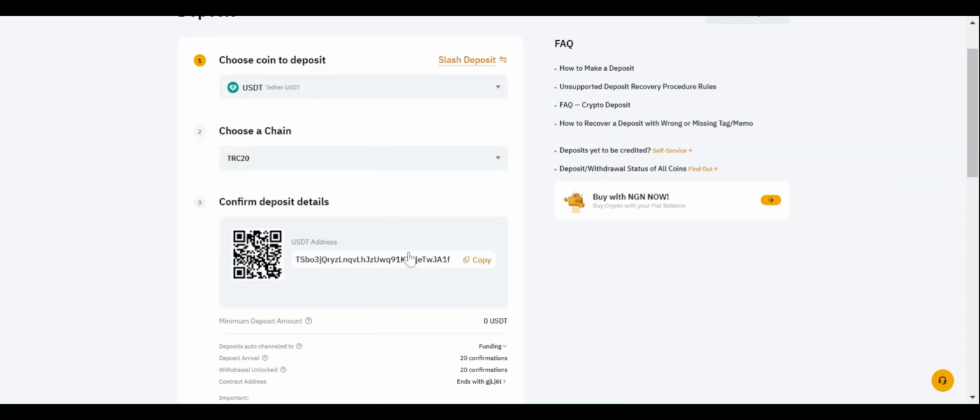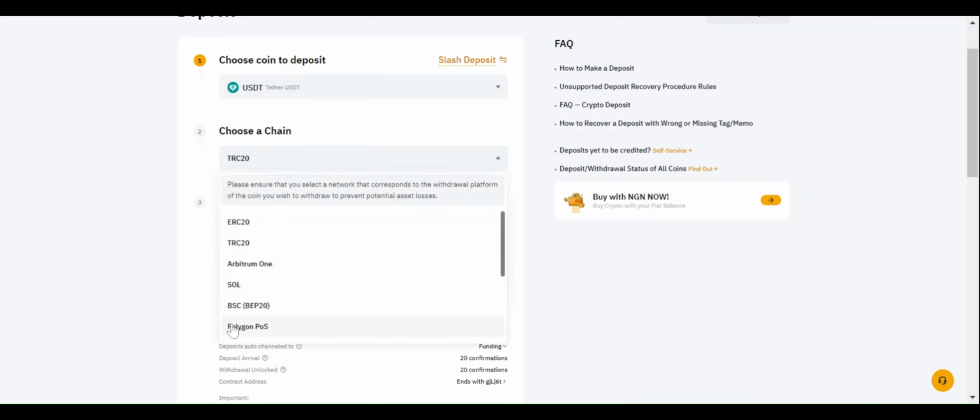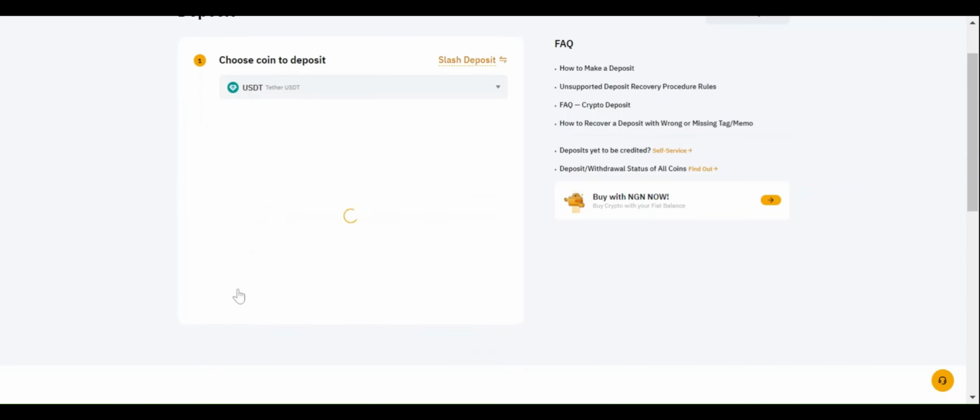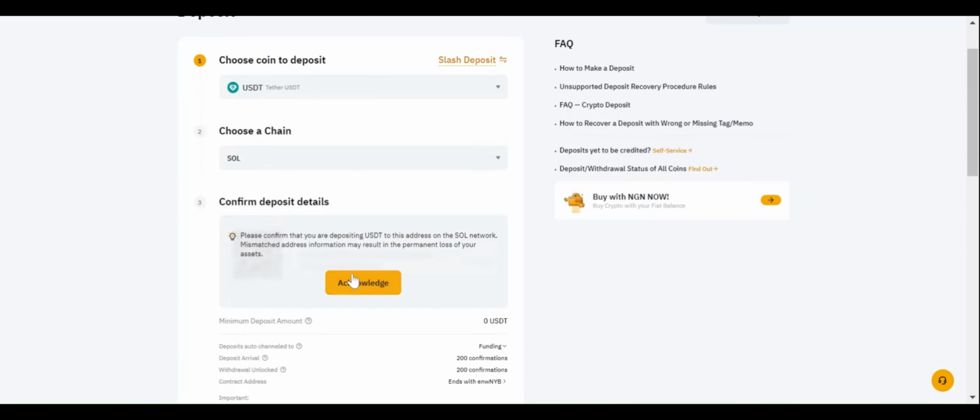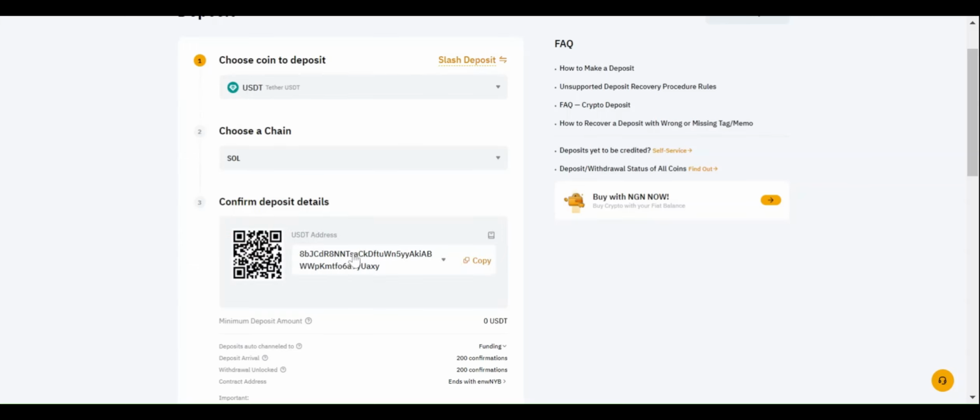Now this address is different, right? Because it's on a different blockchain. And the address format is different. The blockchains might be different, but the address format is the same. But in this case, the address format is different. And same as Sol, right? So you see the address format has also changed again.